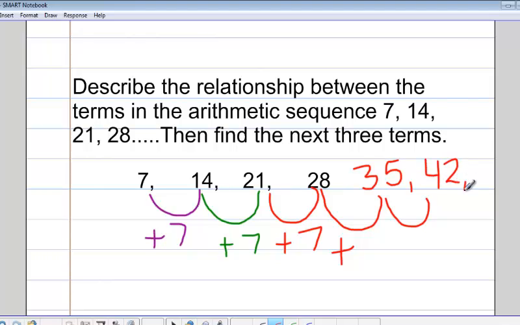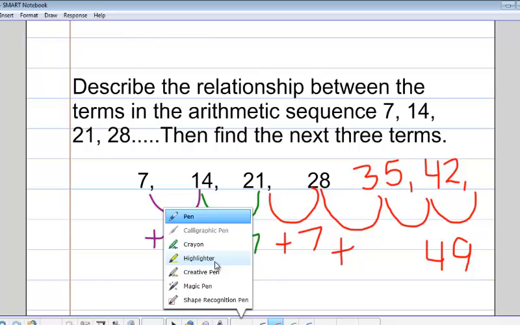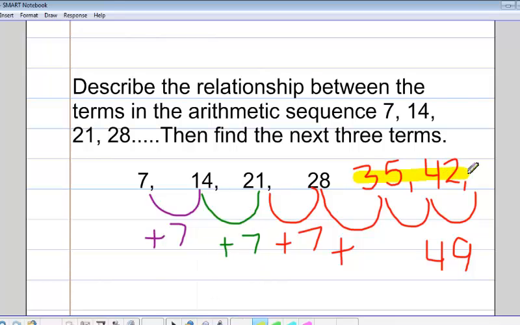And if we add 7 to 42, we will get 49. So the next three terms in the sequence are 35, 42, and 49. And our relationship is we are adding 7 to the previous term.